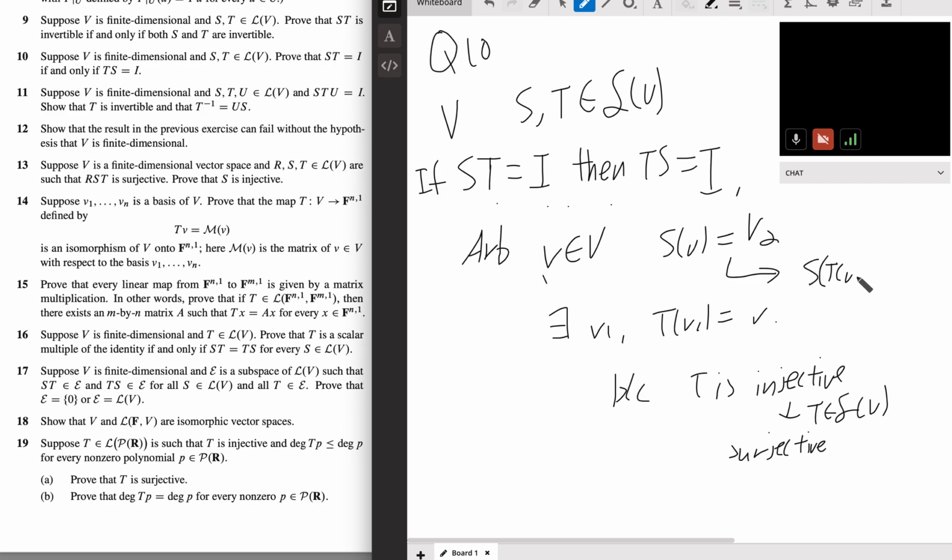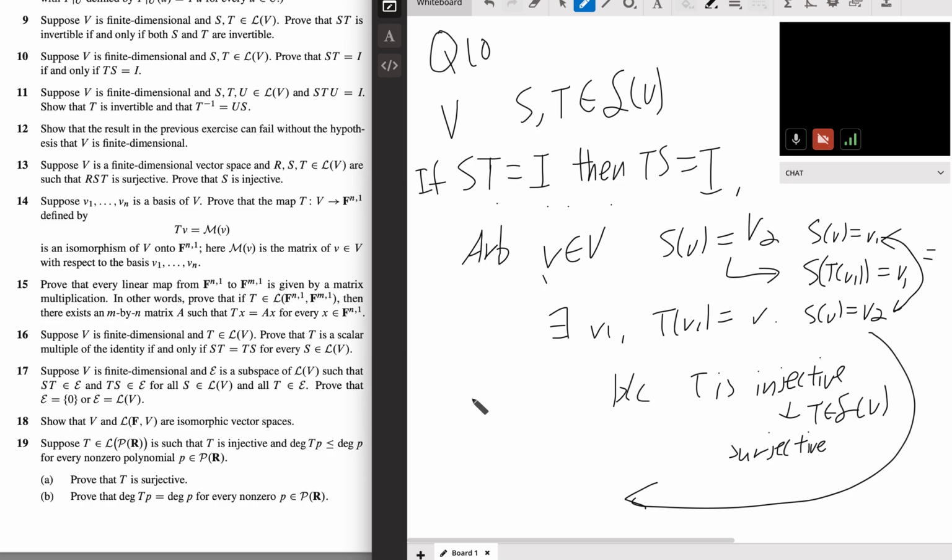So S composed with T of V1 is going to be V1. But S of V is also equal to V2. Huh. Okay. But I think what that means is V1 is equal to V2 since S is well defined and not multi-valued.